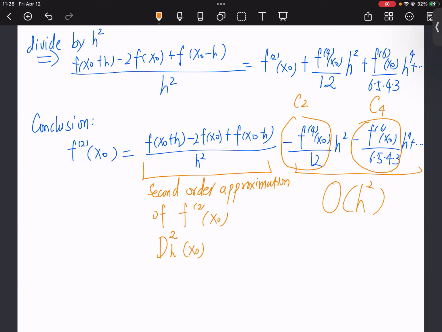This is the second order approximation of the second derivative, and this is the formula to approximate it. This is quite important. The error term is just C2h squared and then C4h^4.